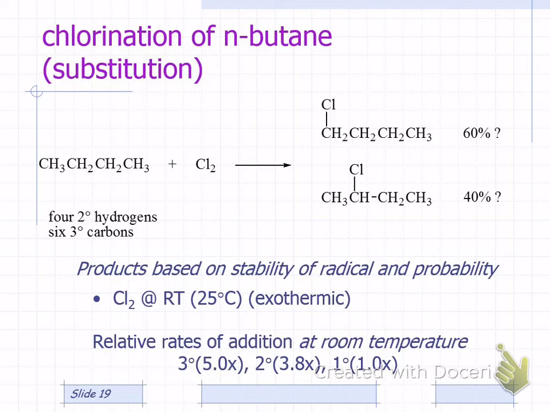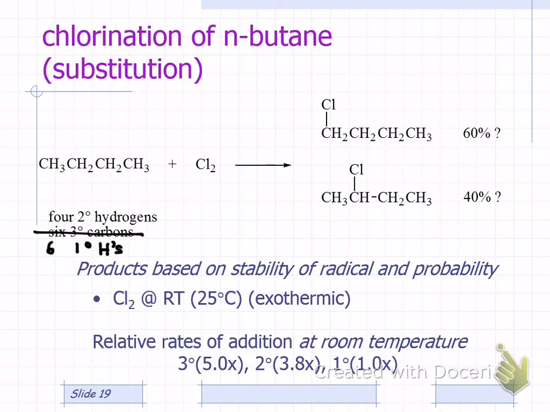I don't know where 6 tertiary carbons came from, just completely wrong. That's probably been on my slides for like 2 years. Sorry. But there's 6 primary hydrogens, and there's 4 secondary hydrogens. So if you're just strictly going on statistics, that's 10 hydrogens, 60%, if it was just statistics, 60% should be primary.